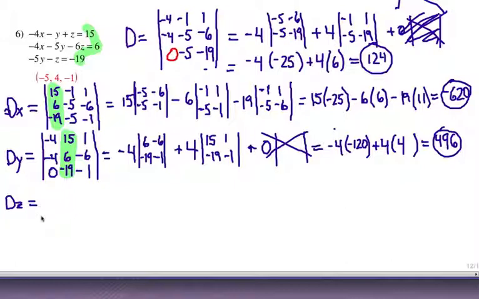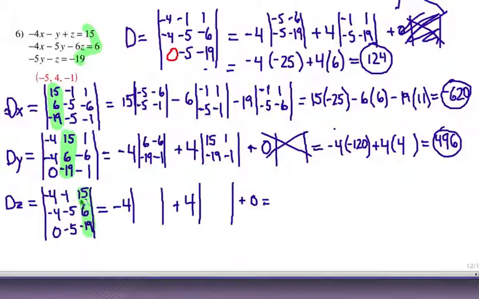What's that look like? Notice that the z coefficients have been substituted by those constants, but the x coefficients and the y coefficients are the same. And now we're going to focus on this -4 number in the first column. And I ignored that row and that column, which gives me these 4 numbers for the determinant. So we're going to have -5, +6, -5, -19.